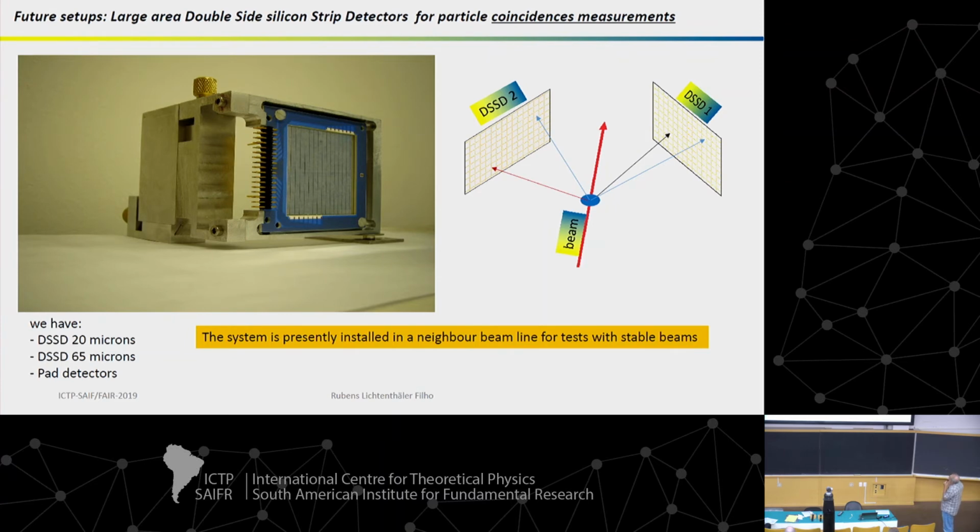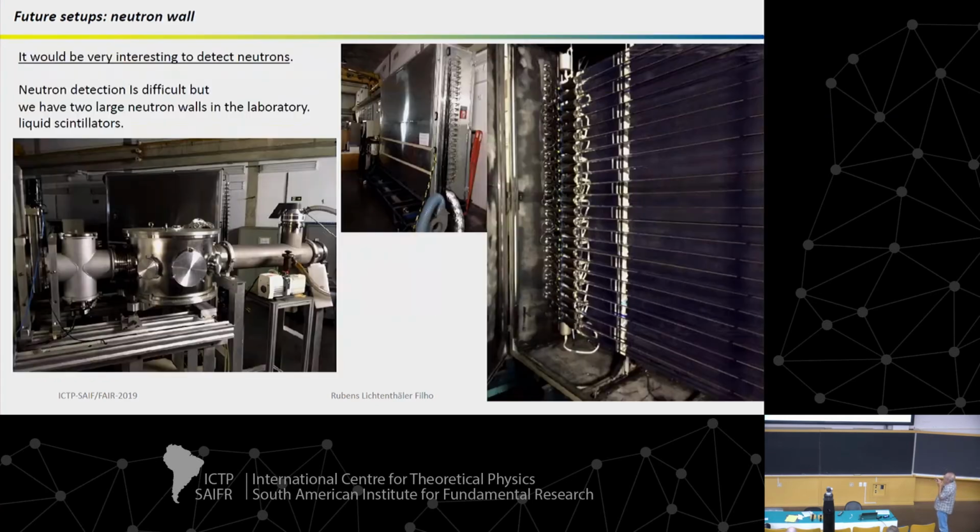This kind of detector has a large area, so it's very suitable to be used with secondary beams, which are low intensity, and are very good to make coincidence measurements. So we are mounting the system, and the system is being tested in a beam line just beside RIBRAS using stable beams, and then it will be back to RIBRAS.